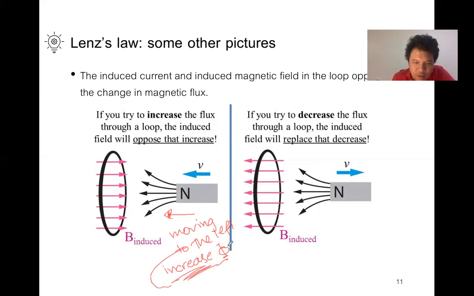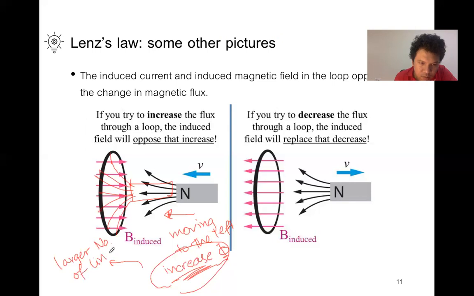Why does it increase magnetic flux? Because if I move the same magnet bar, you can see that a larger number of field lines is passing through the coil. So we can say that this is an increased magnetic flux.